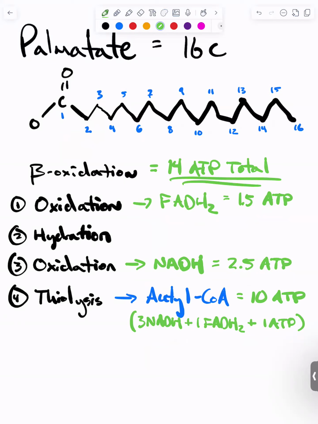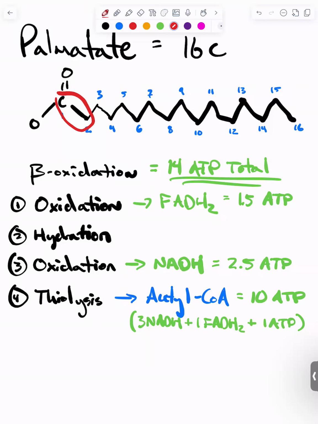So where we get this acetyl-CoA from is because of the 2 carbons. That's what we're really talking about. Okay, so we break off those 2 carbons. And the 2 carbons we break off are actually these 2 carbons right here.